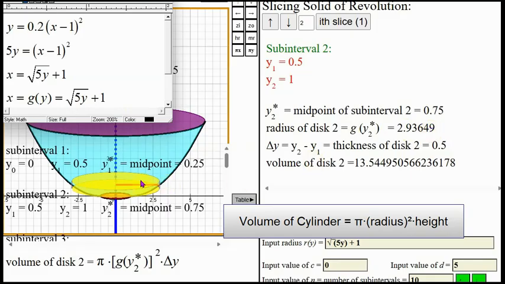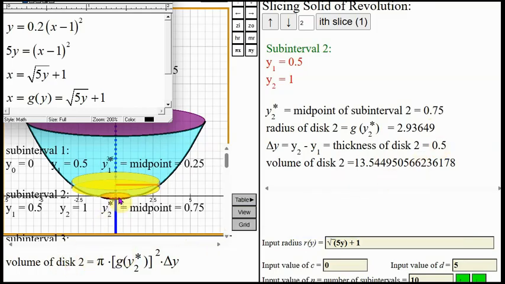So the volume for this second cylinder is going to be pi times the radius, in this case 2.93649 squared, times the height of the cylinder, or the thickness of the cylinder, in this case 0.5. And then the volume of the second cylinder is going to be 13.54495.